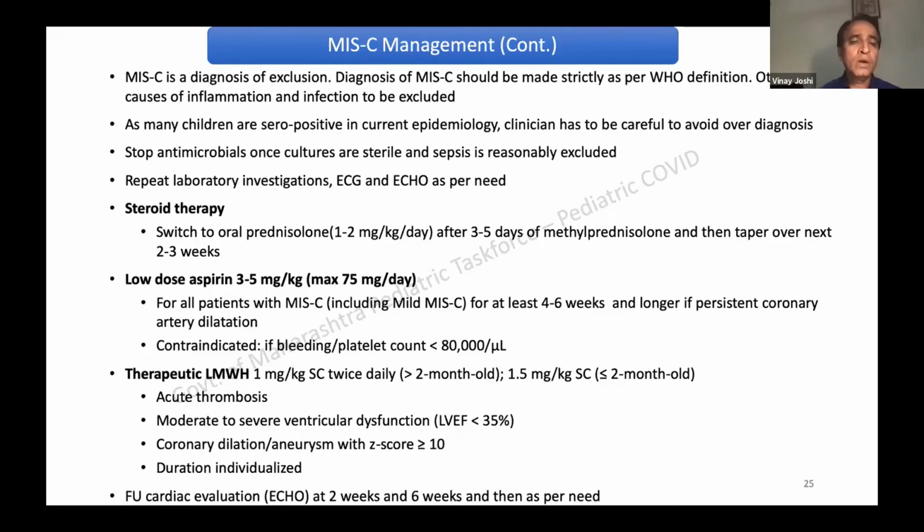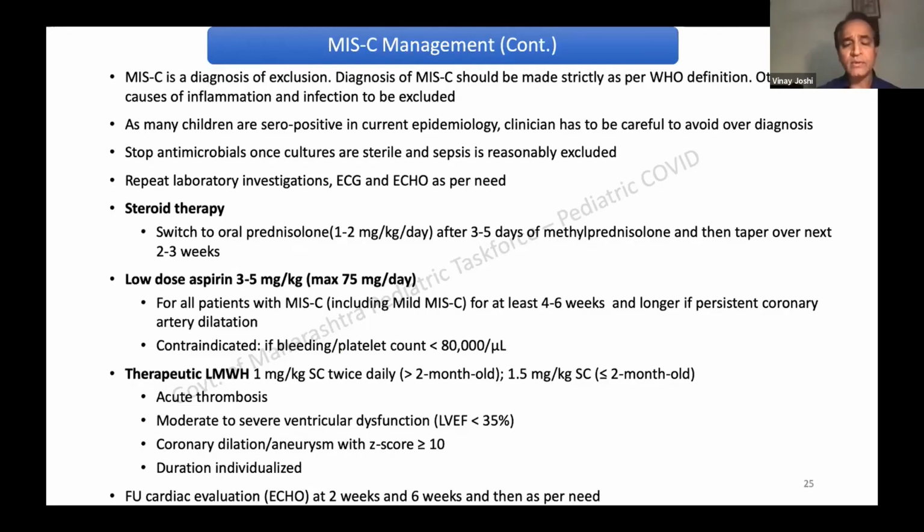Is there a role of therapeutic low molecular weight heparin? Yes, there is. If the child has evidence of acute thrombosis, or moderate to severe ventricular dysfunction. When I say moderate to severe, your left ventricular ejection fraction has to be less than 35%. If the child has evidence of coronary dilatation or aneurysm with Z scores of more than 10, so it is basically an aneurysm.